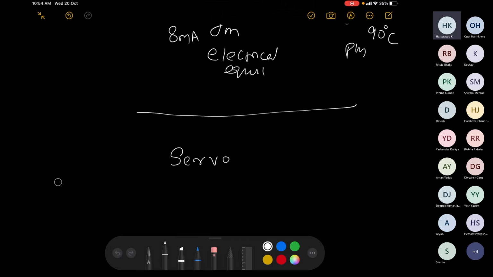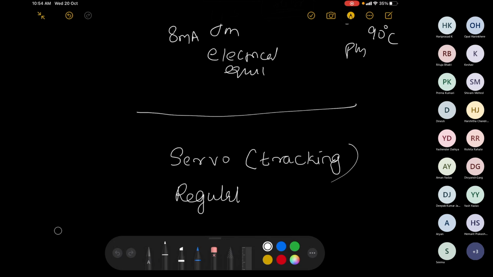It is also called the tracking problem. The other one is called the regulatory problem. It is also called the disturbance rejection problem. These are the two fundamental problems. We'll see what this disturbance rejection is.